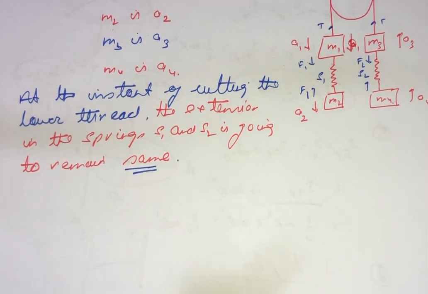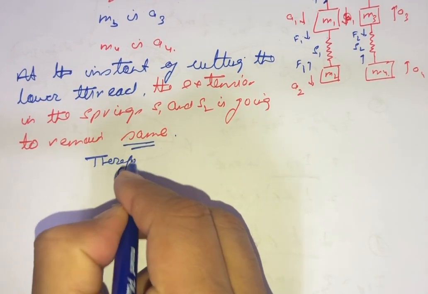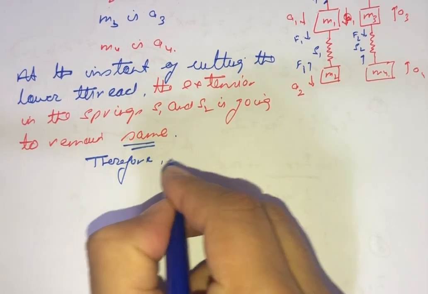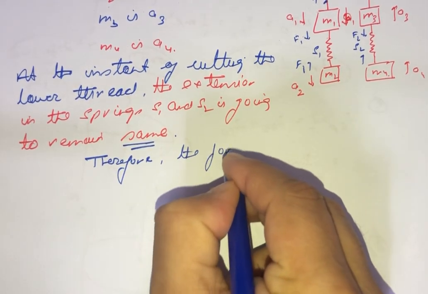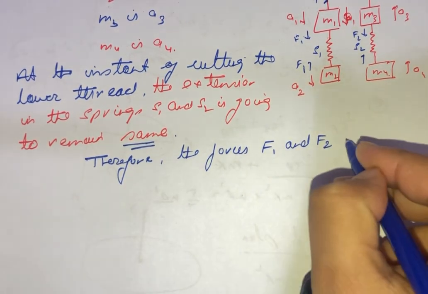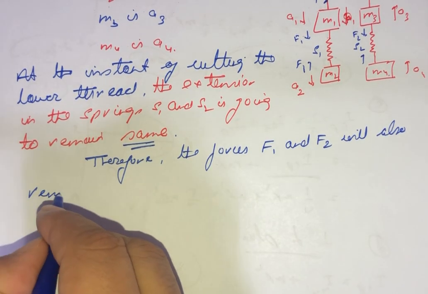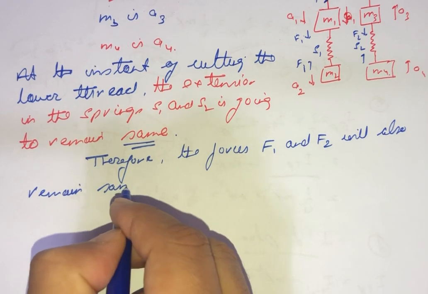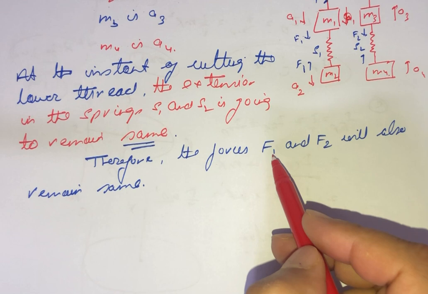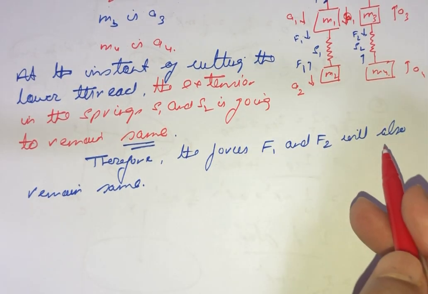So therefore the forces F1 and F2 will also remain the same. From here we can conclude that the forces F1 and F2 before cutting and after cutting will be the same.